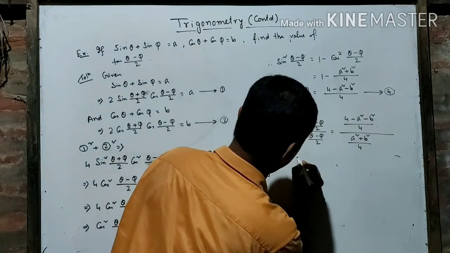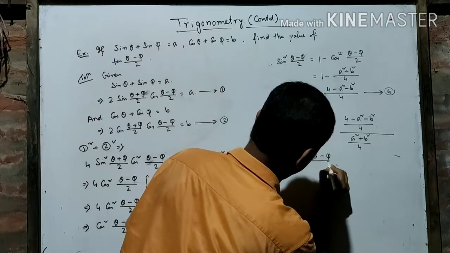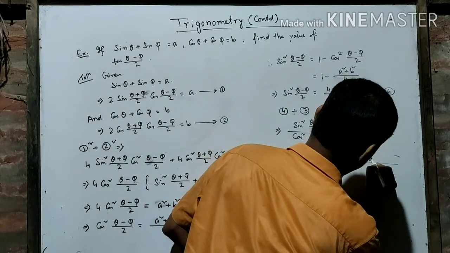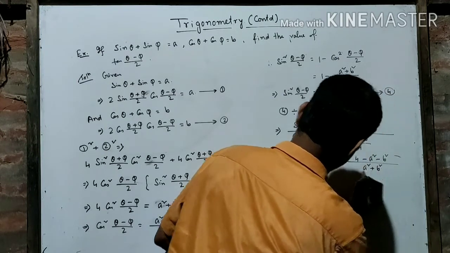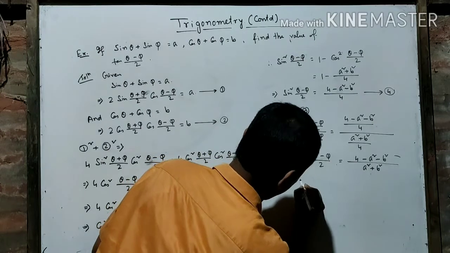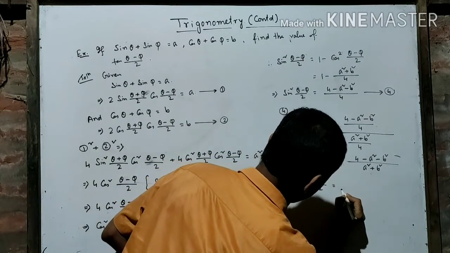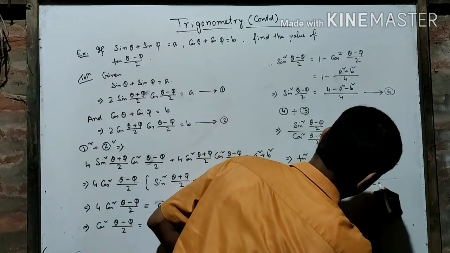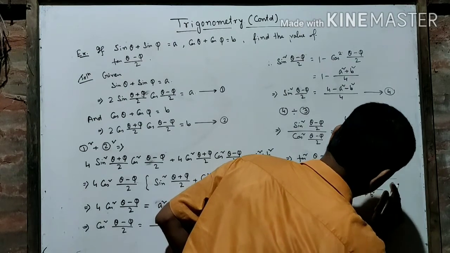So sin square by cos square is tan square (theta minus phi) by 2, equal to (4 minus a square minus b square) divided by (a square plus b square). Therefore, tan (theta minus phi) by 2 is equal to the square root of (4 minus a square minus b square) divided by (a square plus b square).